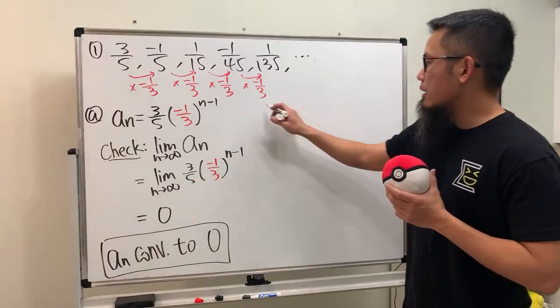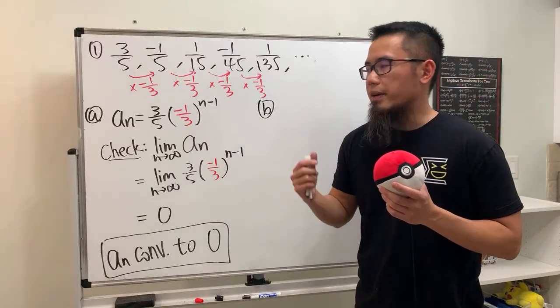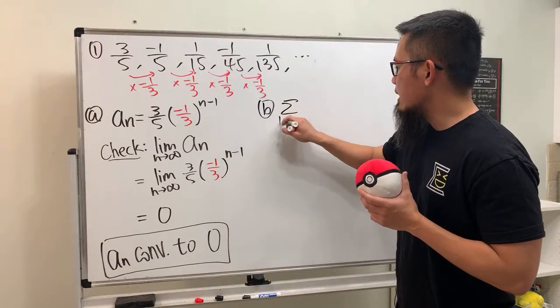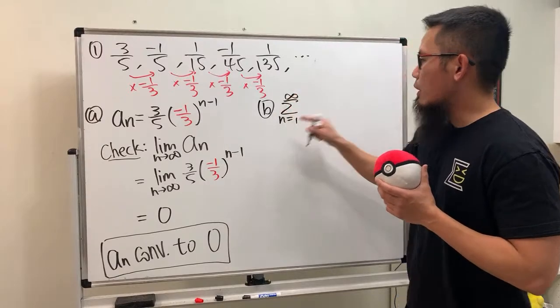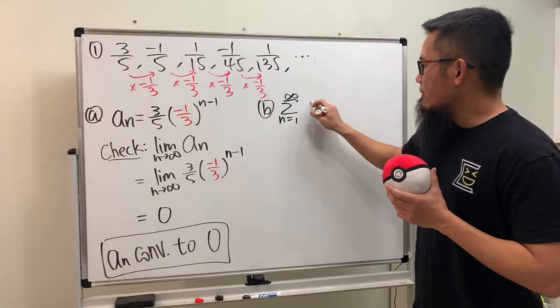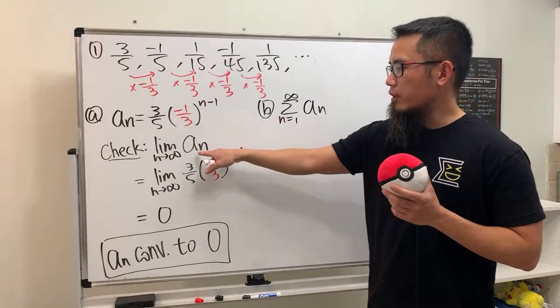All right, part B. Part B says, does the series of a_n converge or not? So we are going to check the series as n goes from 1 to infinity of a_n. Does this converge or not? This is very different than that.